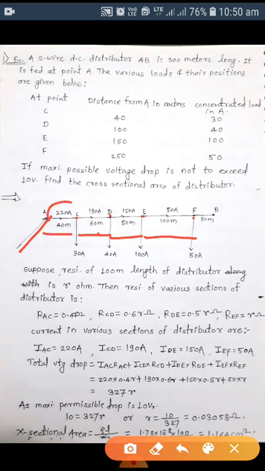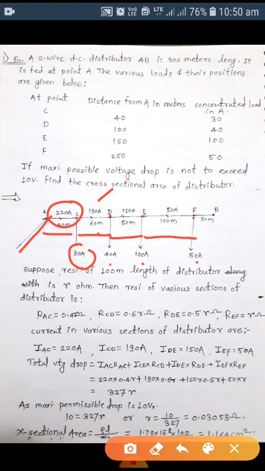That 220 ampere is the summation of 50 ampere plus 100 ampere plus 40 plus 30. To find the current in section CD, we subtract this 30 ampere from this 220 ampere, we will get 190 ampere.